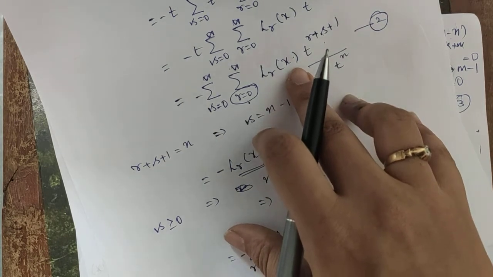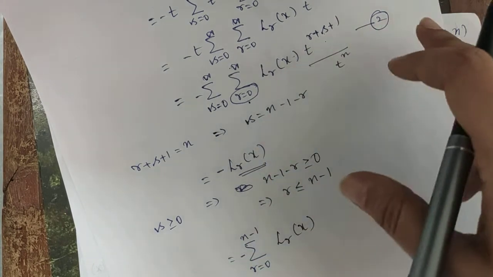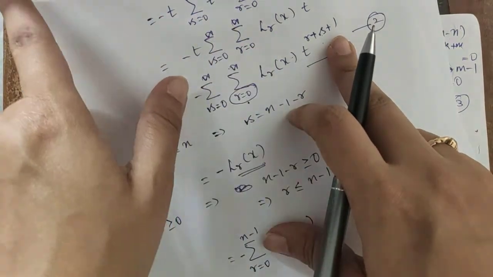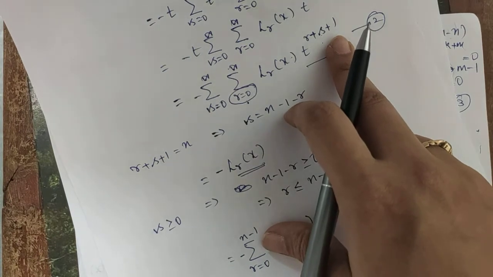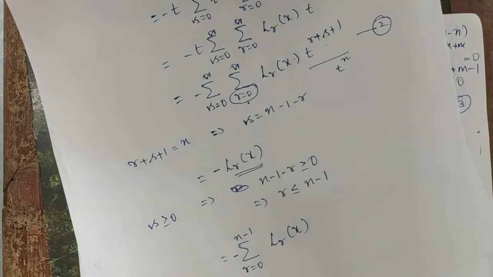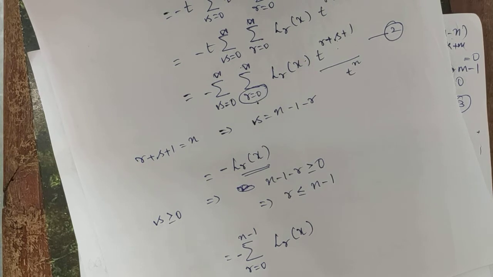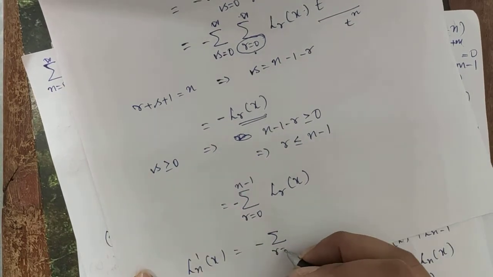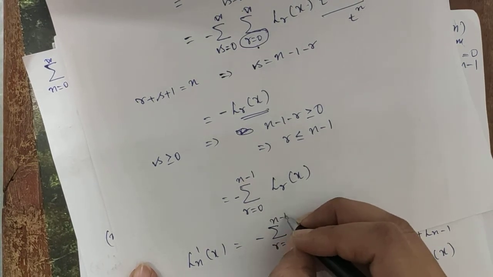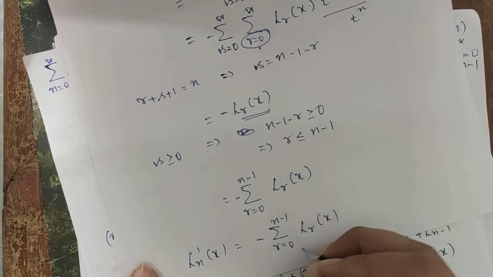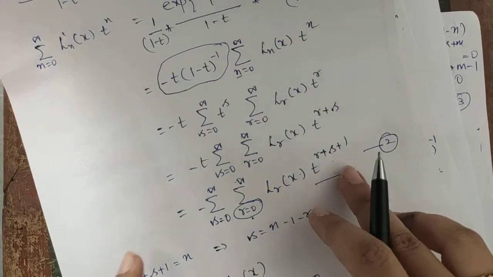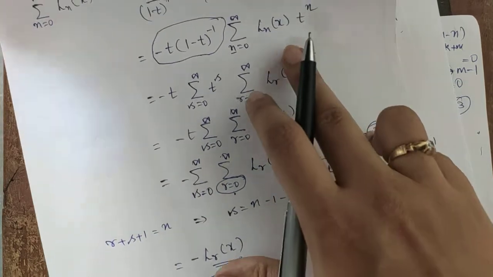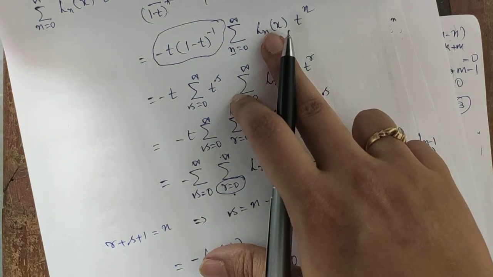Therefore, equating the coefficient of t^n on both sides, on the LHS as well as the RHS of equation 2, you will get Ln'(x) = −summation r equals 0 to n − 1 of Lr(x). Since we have it in terms of r, I have replaced n by r. Okay.